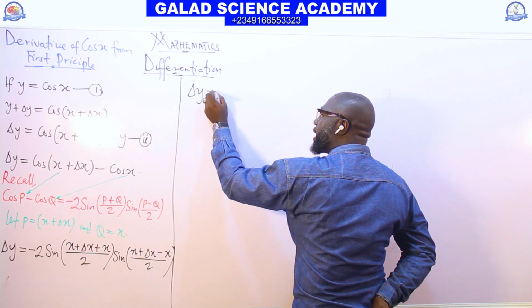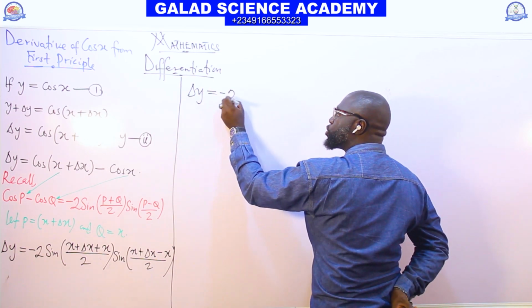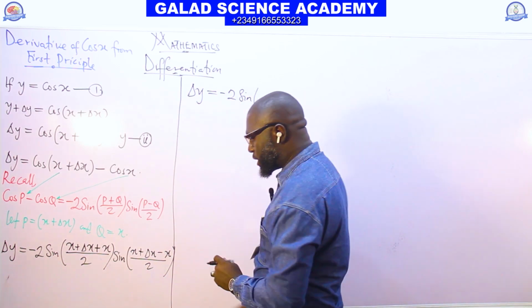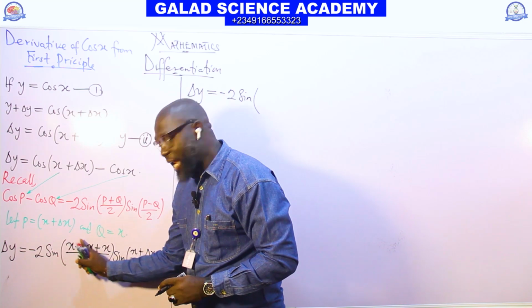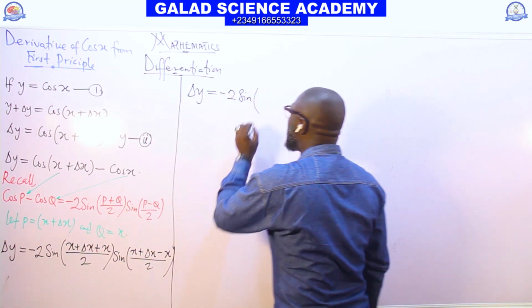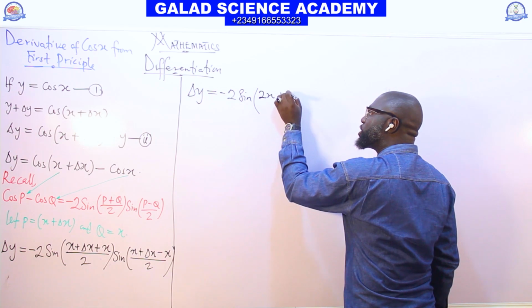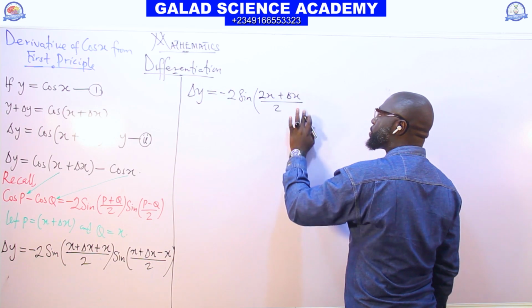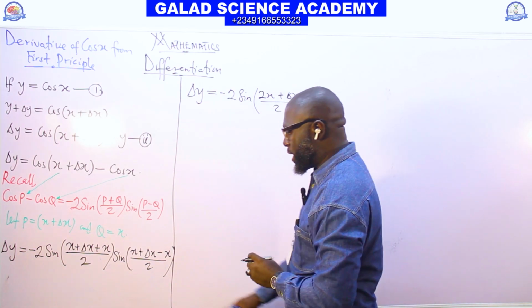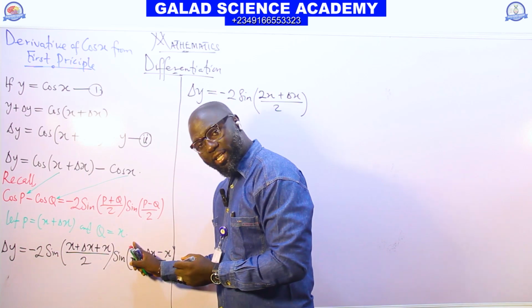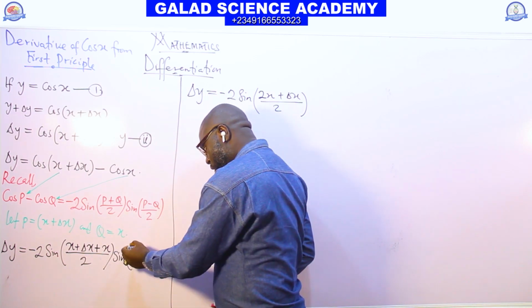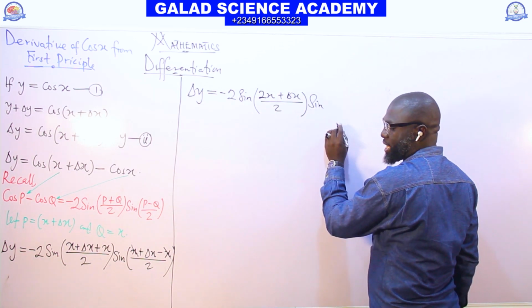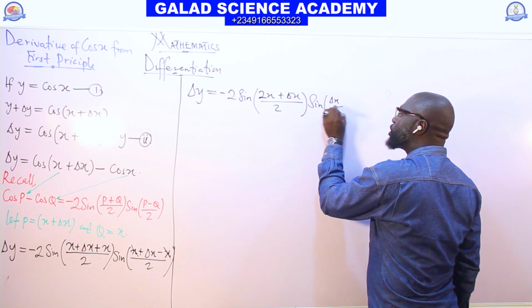Change in y should be minus 2 sine of (x plus another x, which adds together to give 2x) plus change in x, over 2. Then x minus x, we kill each other, so we end up with sine of change in x over 2.